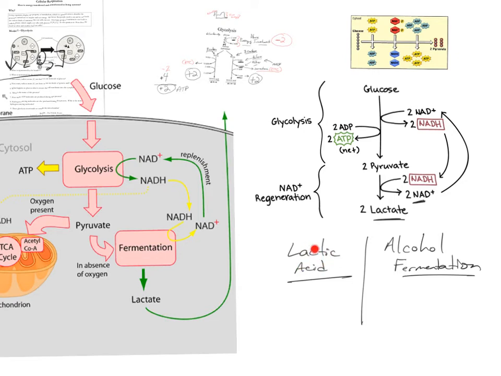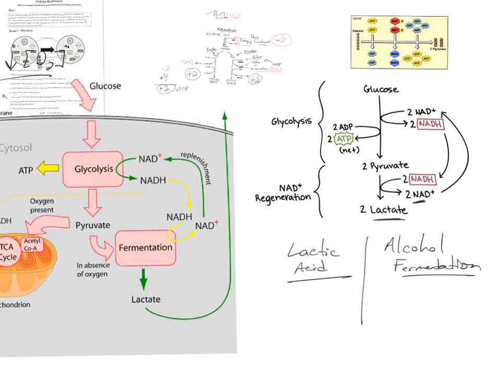Now, lactic acid ultimately starts to back up. If it builds up high enough, it could cause problems metabolically, and so this can't keep going on for too long. Some people connect lactic acid buildup to muscle pain. Different sources say different things, but lactic acid buildup is not a good thing for your body, but it's produced because you need to keep breaking down glucose to make enough ATP to keep the body going.